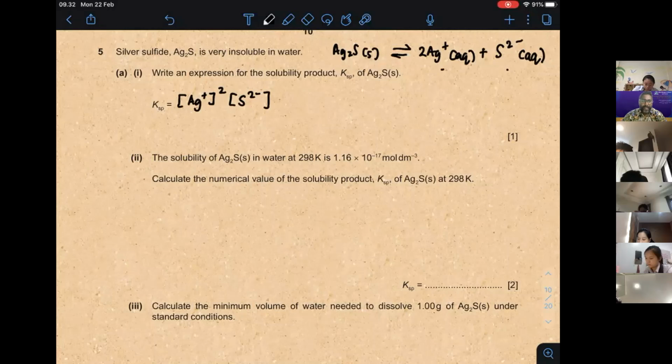It means that if the reaction is happening, if we take this one as X, when you add water, the number of moles of this one will be minus X. And then here you are going to have plus 2X.